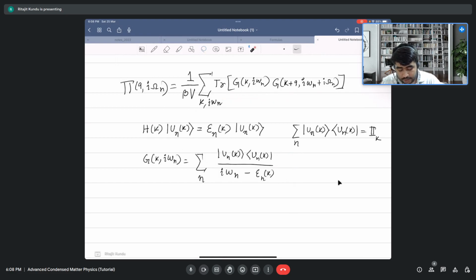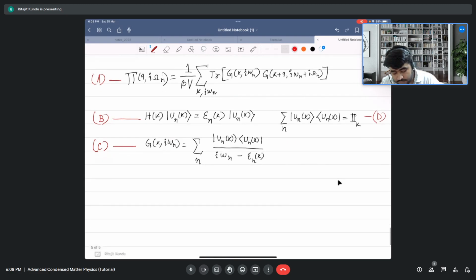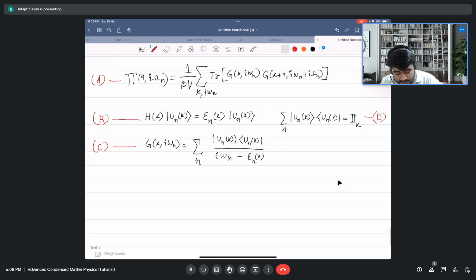Let's call this equation A, this equation B, this equation C, and this equation D. So now what we will do is substitute equation C in equation A. The task is simple, so let's try to do that.